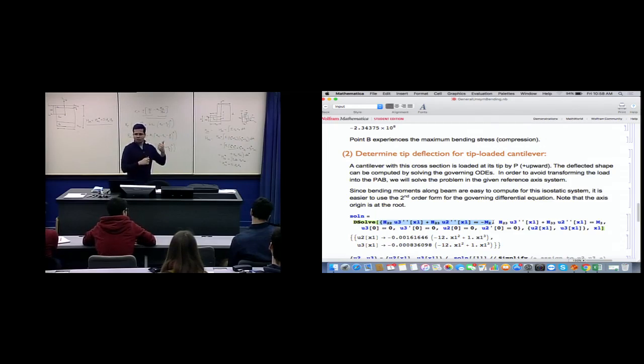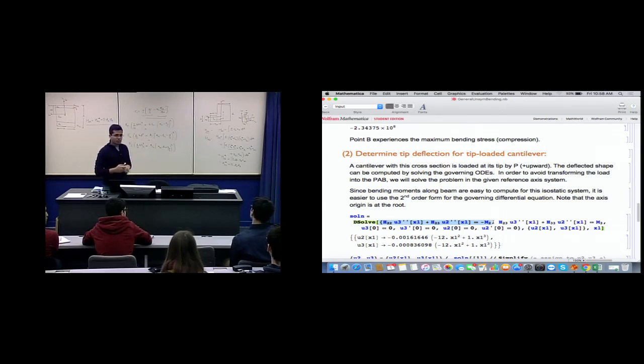A shear force will cause bending in both the directions, right? If you want to decouple this, you can evaluate the principal axis of bending frame and then write these equations in that frame. Then you will have an equation with just u2 and an equation with just u3 and solve the equation.